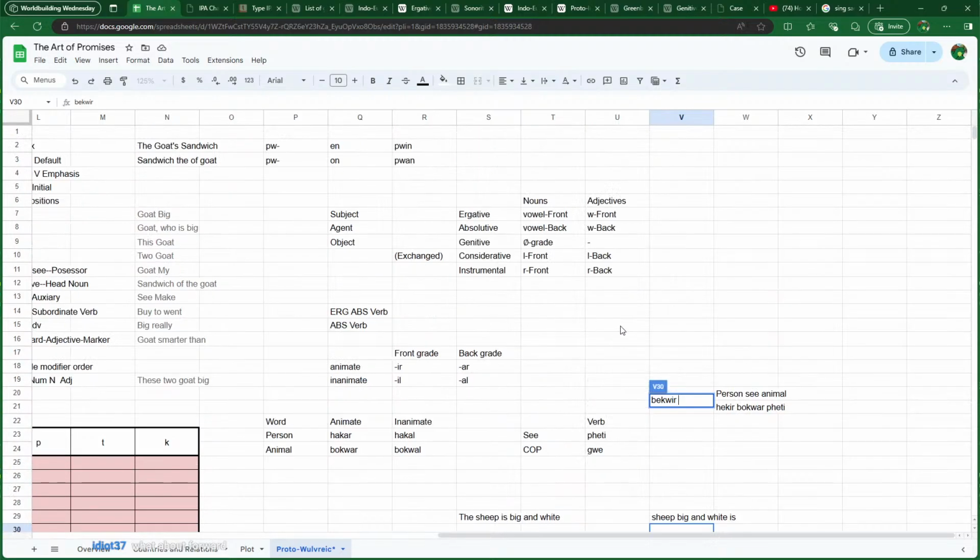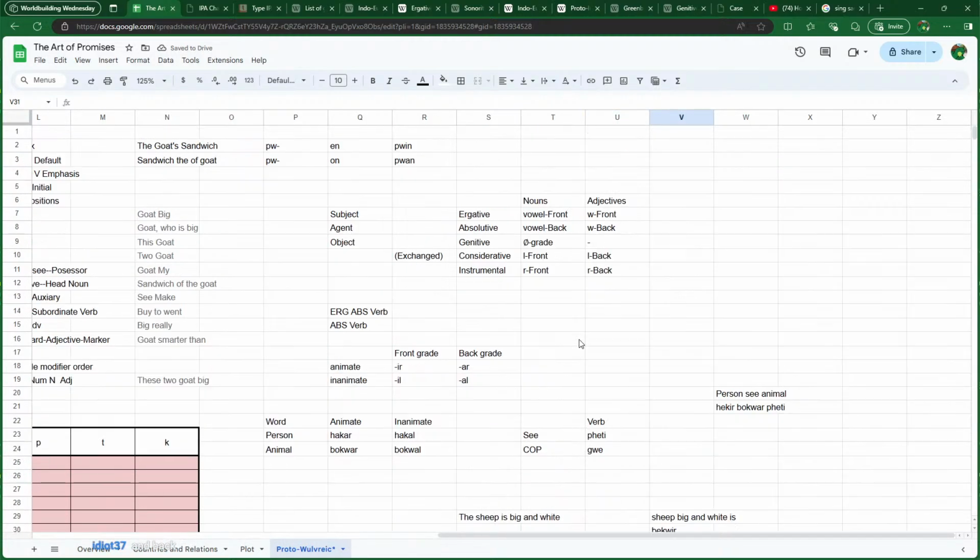So adjectives, fun fact about adjectives. Adjectives actually stem from the word meaning big thing, a thing that is big. So animal is big thing, right? Which we can have in this language. But the fact that we have specific adjective forms, I think we're fine just referring to it as animal is big.